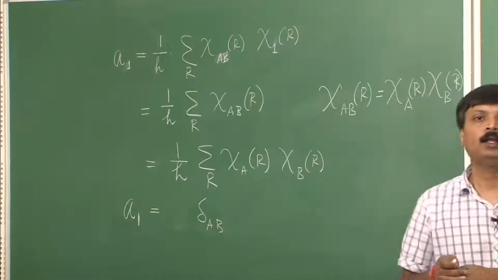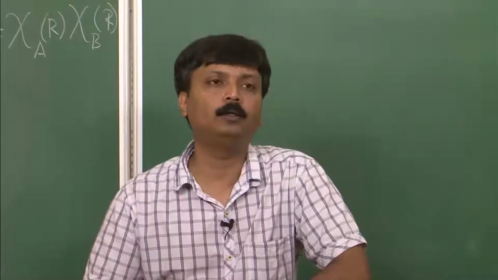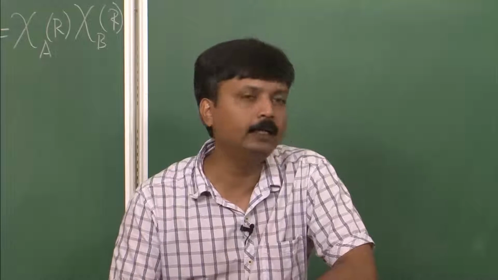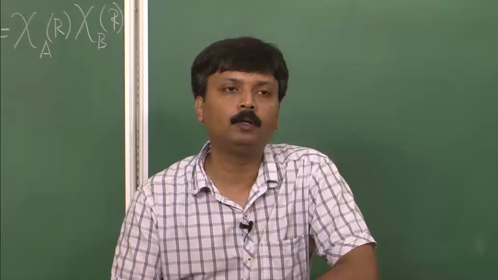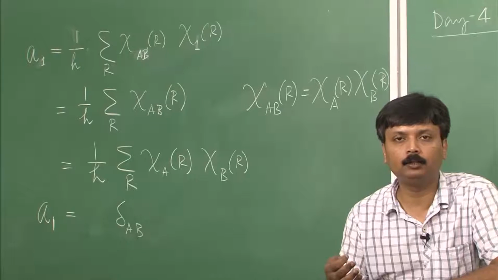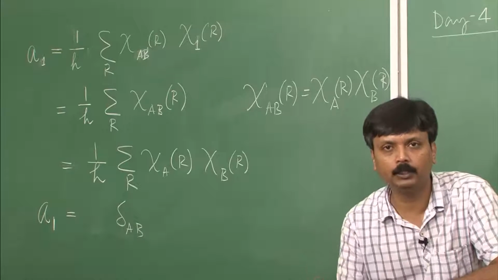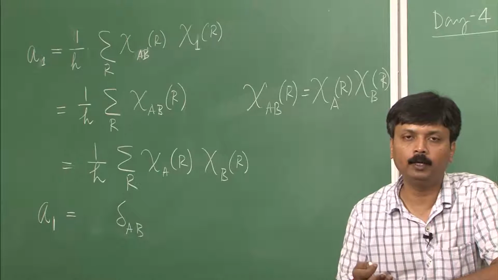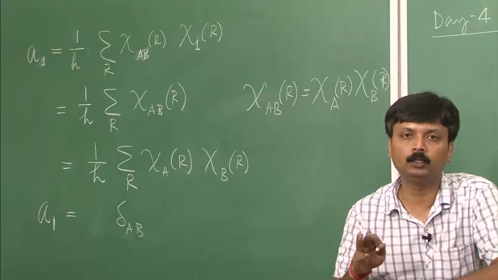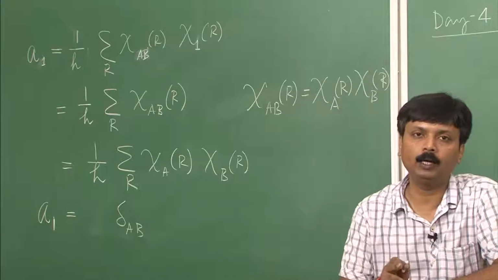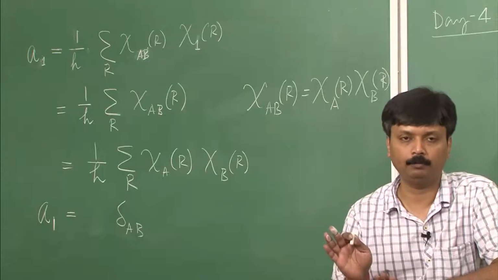And therefore if I have an integrand where two functions transform as two irreducible representations of the point group, they will survive only when those two functions correspond to the same irreducible representation, otherwise they will not survive.